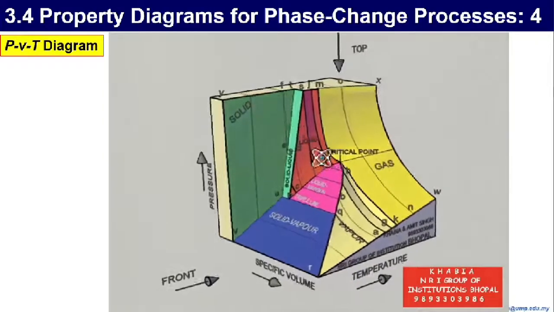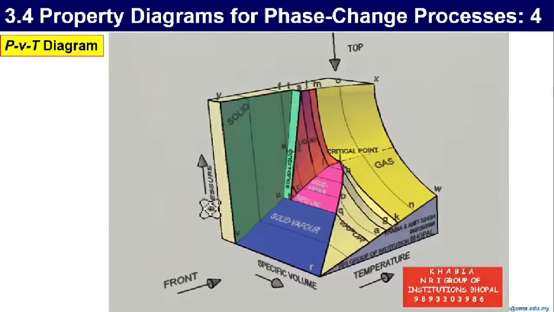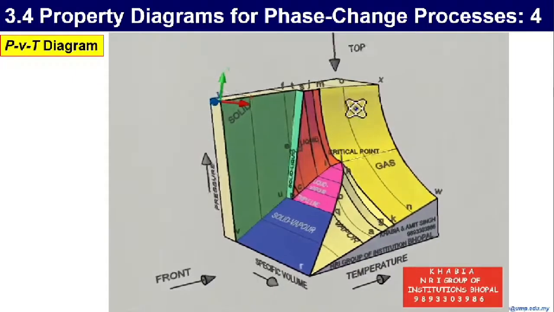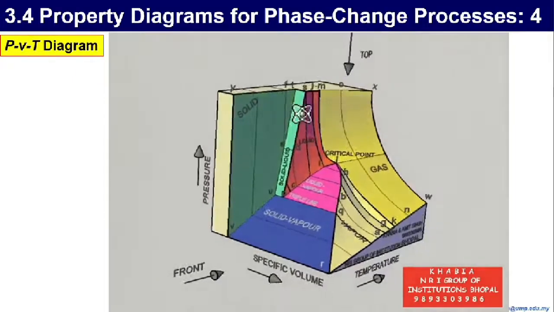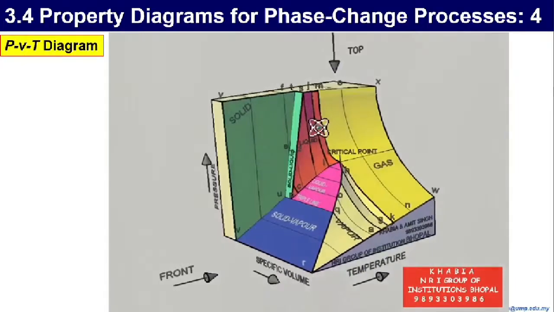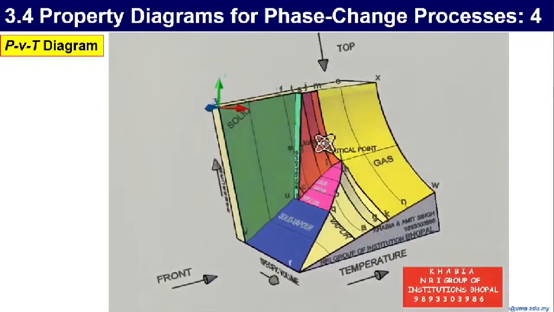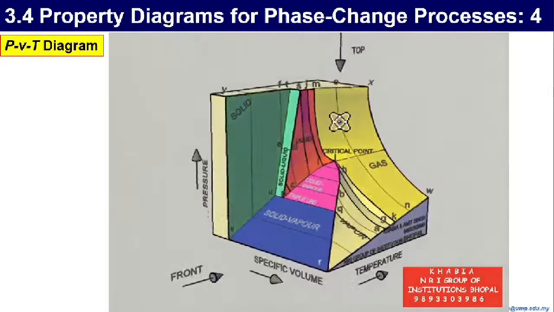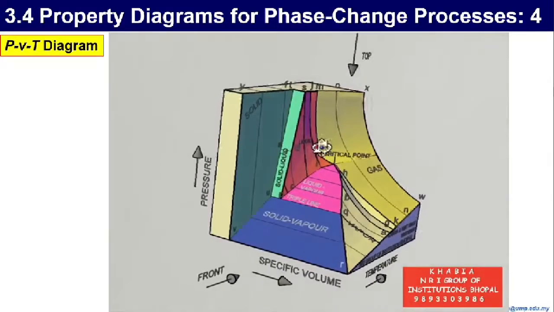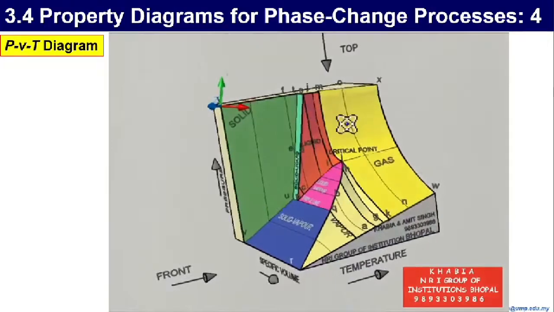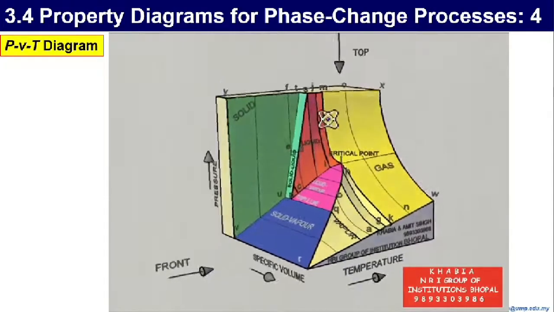One thing I would like to add here is at pressures higher than critical pressure, the differentiation between gas and liquid should not be taken very seriously, because at pressures more than critical pressure for a pure substance, liquid and vapor phase never coexist in equilibrium, and we can call the pure substance simply a fluid.